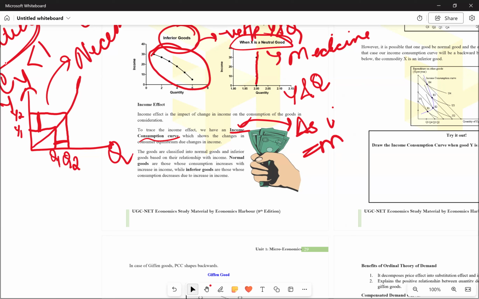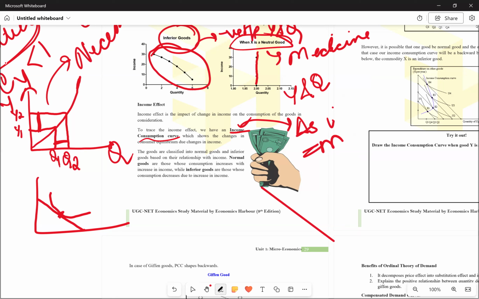So for this, your income consumption curve would be, sorry. Okay. So this is your budget line, and this is your indifference curve 1. This is your equilibrium here.